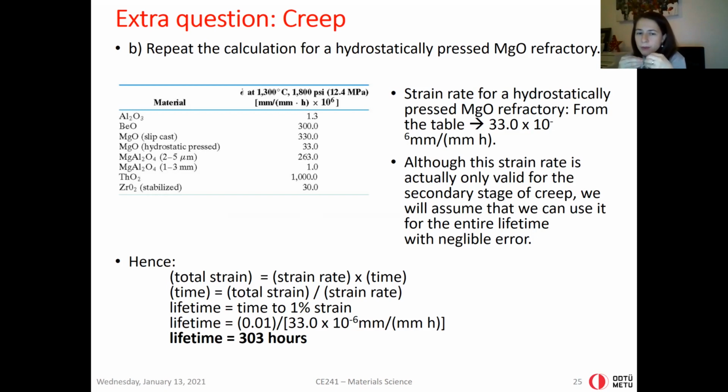So again, we want our lifetime, which is the time to 1% strain. It is 1% strain divided by 33 times 10 to the minus 6 per hour. It will give us 303 hours. So one was 30.3, and this is 303, so tenfold.